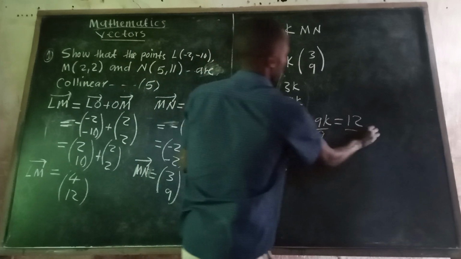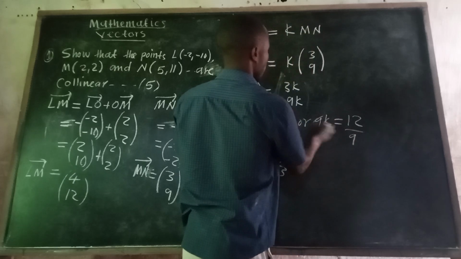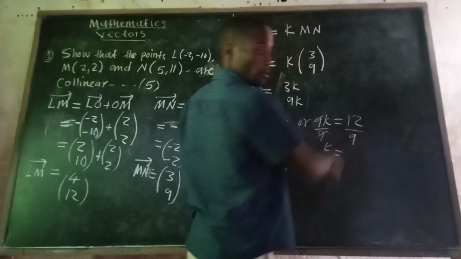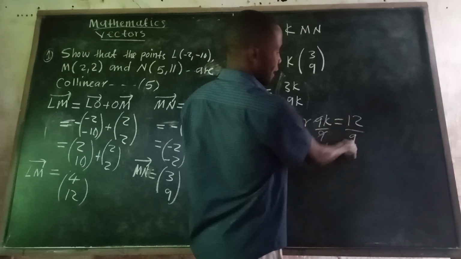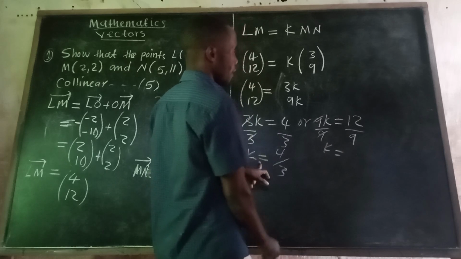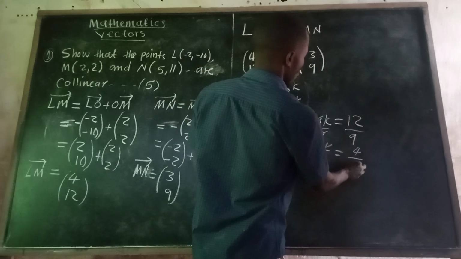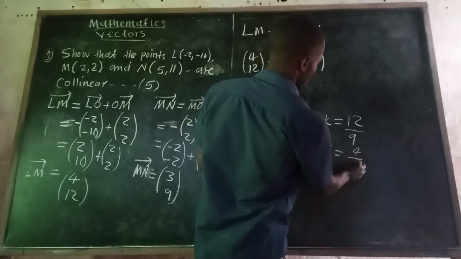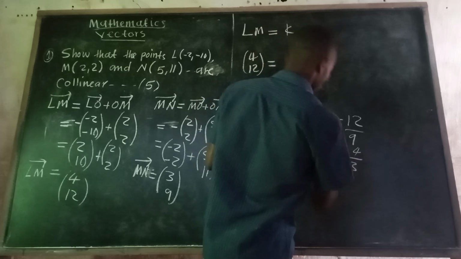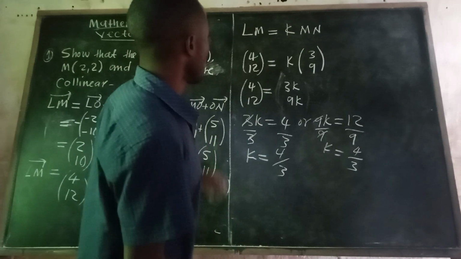Even here, it has to be the same. K is equal to 12 over 9; we can look for a number that can go into 12 and 9 without leaving a remainder. That is 3. So 3 into 12 is 4. Then 3 into 9 is 3. Therefore, these are collinear.